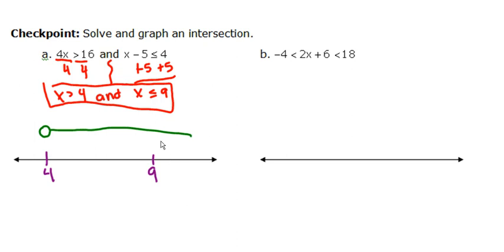X is less than or equal to 9, that's a closed circle, and less than goes to the left. I can see my overlapping is between my two circles. So my final answer, I have an open circle at 4, a closed circle at 9, and my line goes in between.